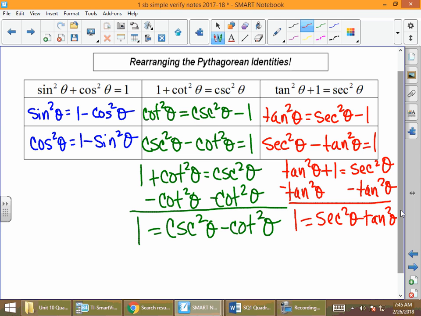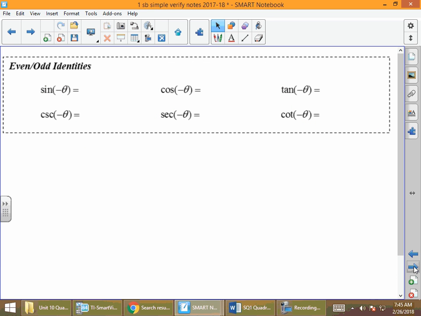The identities that we've done so far, the reciprocal identities, the quotient identities, and the Pythagorean identities, you will be responsible for knowing as we get to our test or quest, whatever we want to call it, for this unit. The next set of identities, the even and the odd identities, maybe not so much.